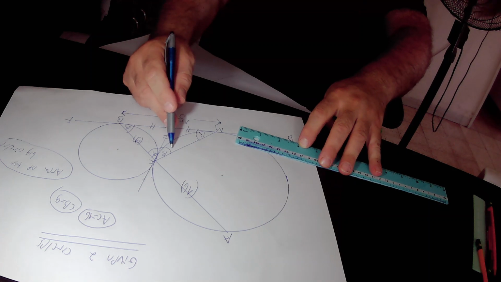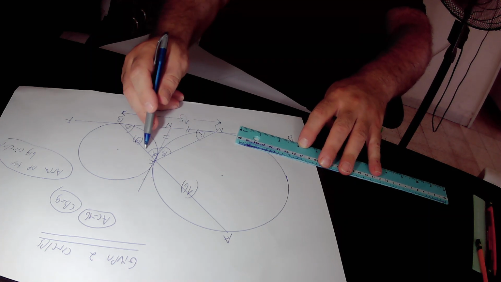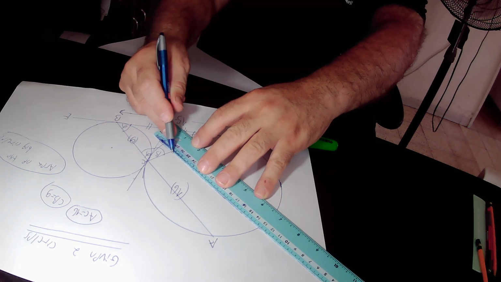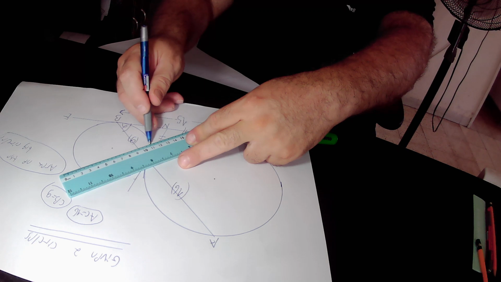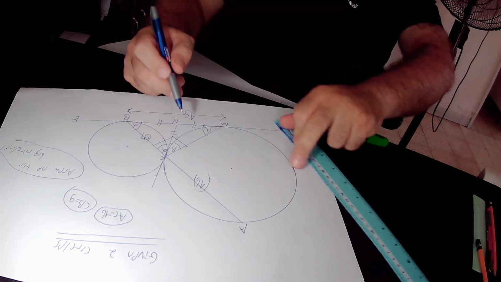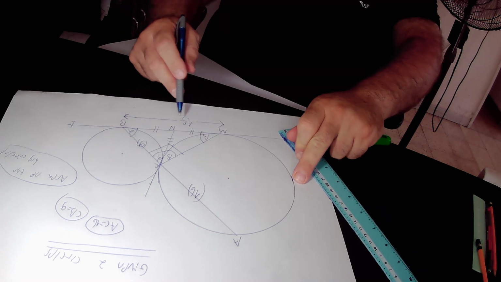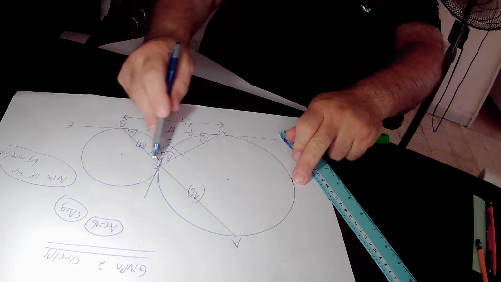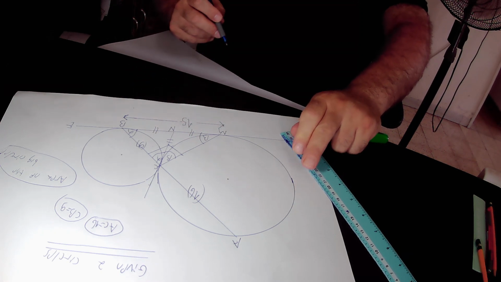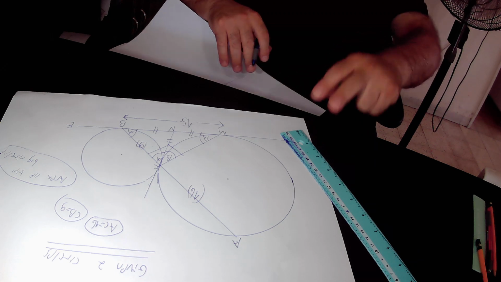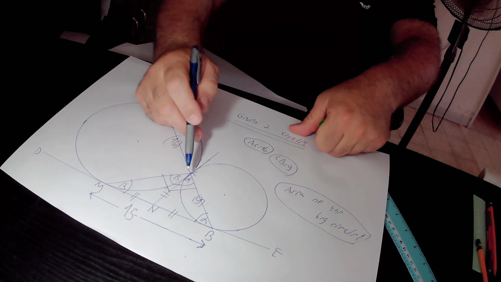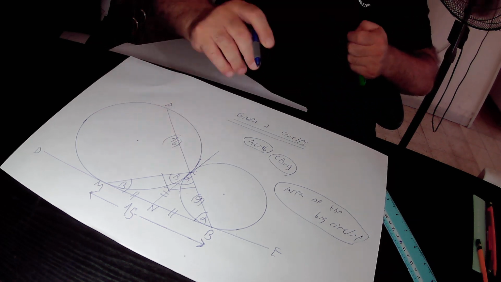So the big angle is angle MCB, and the size of the big angle MCB is 90 degrees. Again, the size of the big angle MCB is equal to 90 degrees.